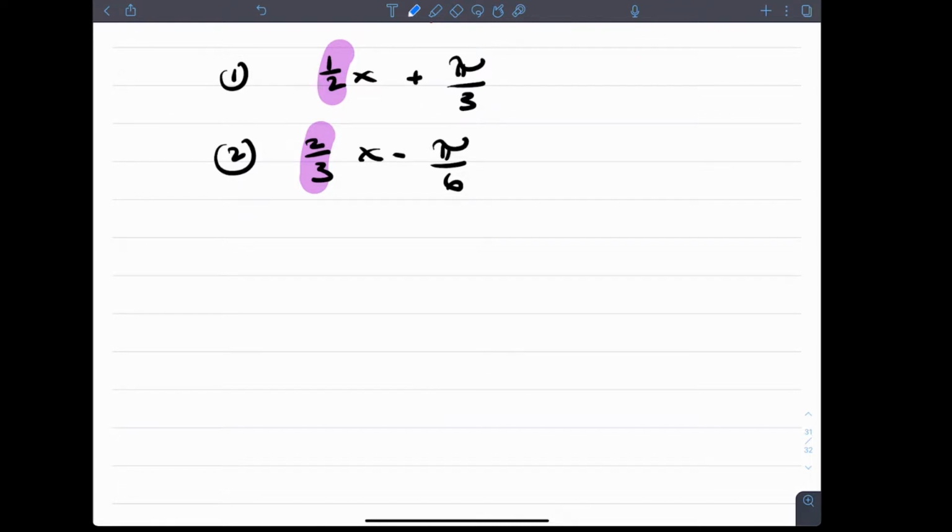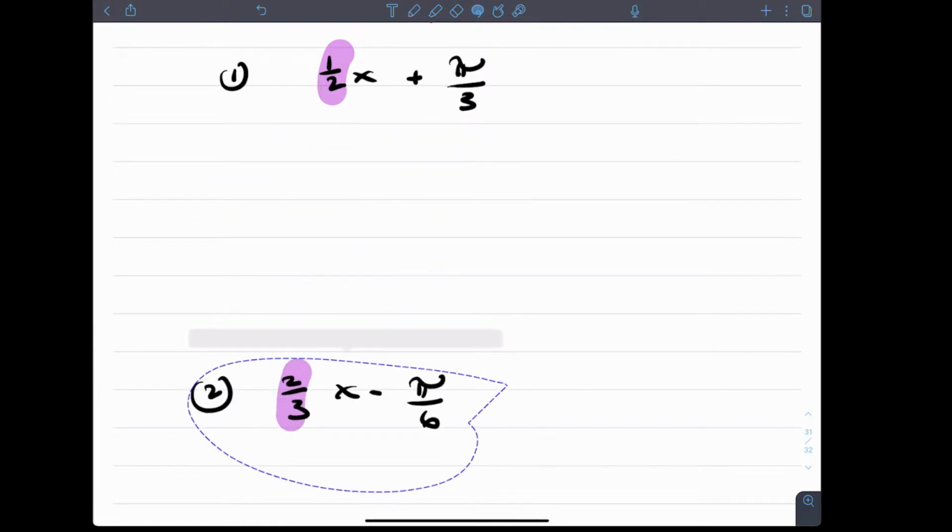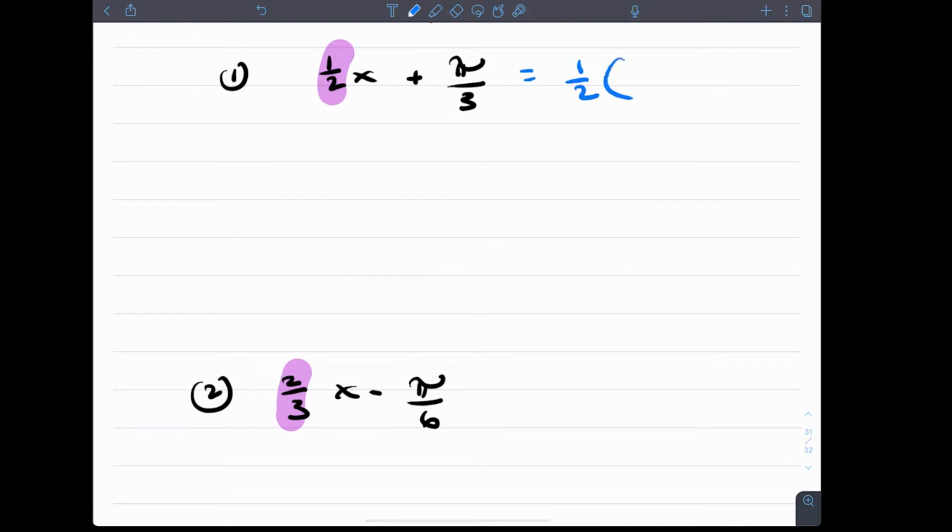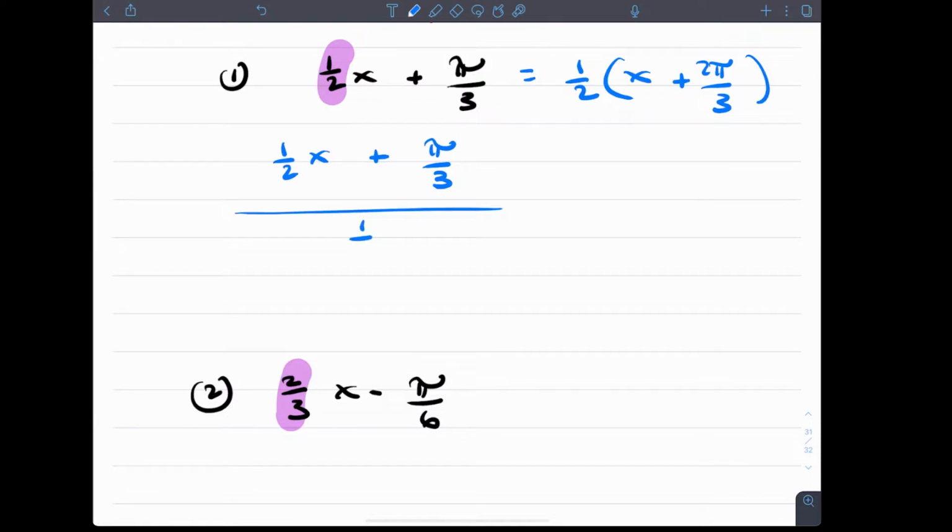All right, ladies and gentlemen, let's take a look. What did you guys get here as an answer? You guys want to tell me? What does that equal? 1/2 times. Is that the answer? Remember, I divide by 1/2. Is that right?